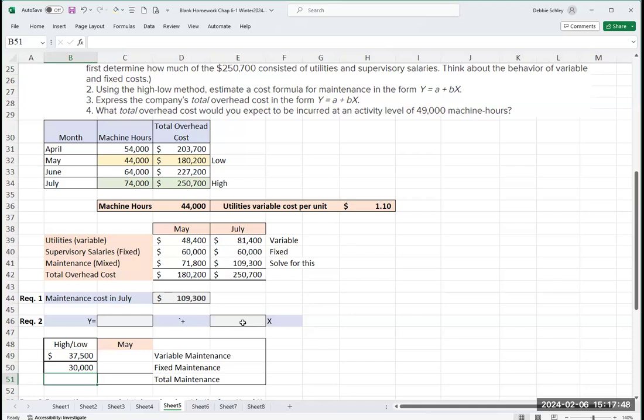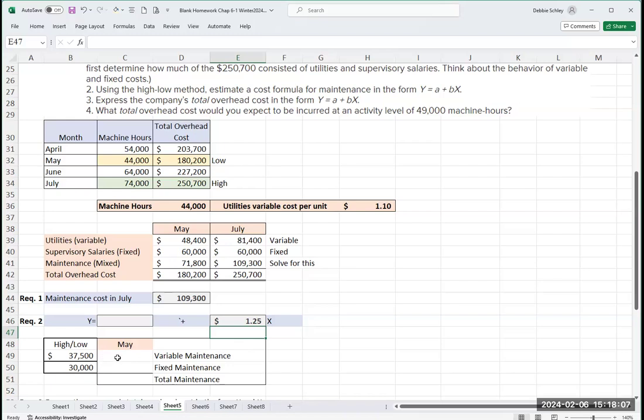And so that is going to be my variable. It's going to be equal to 37,500 divided by 30,000. So I come up with $1.25 for my variable.